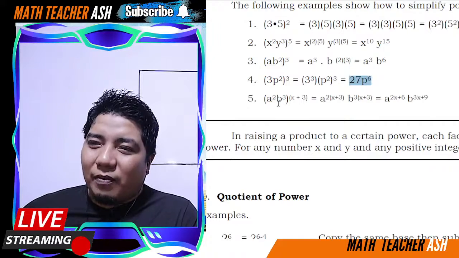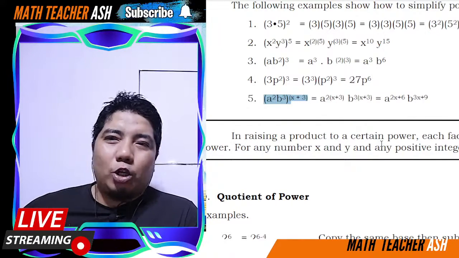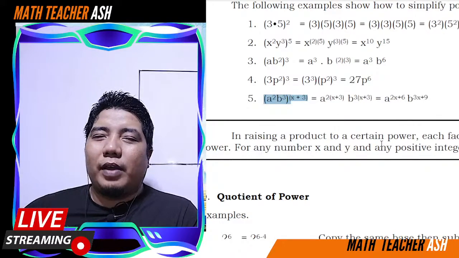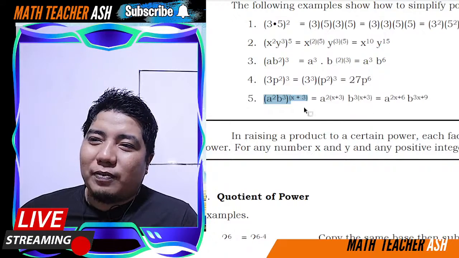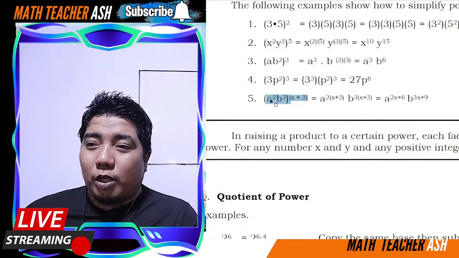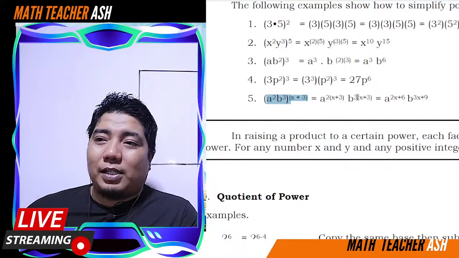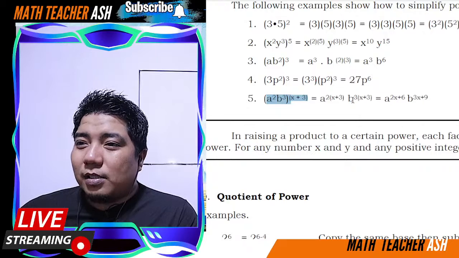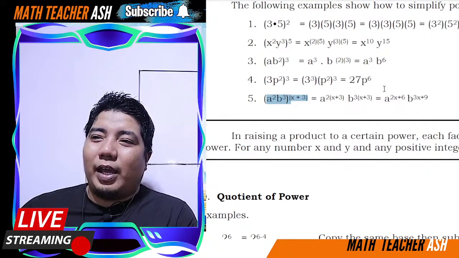Now, what if you will encounter something like this? A squared b cubed to the power of x plus 3. So, how will you solve this one, my dear math learners? If this is the case, what you can do is distribute the outer exponent to the inner exponent, giving you a squared times x plus 3 times b cubed to the power of x plus 3.